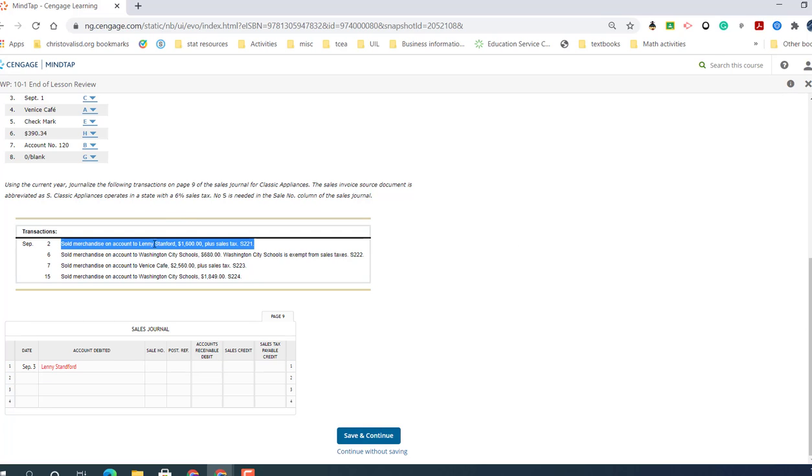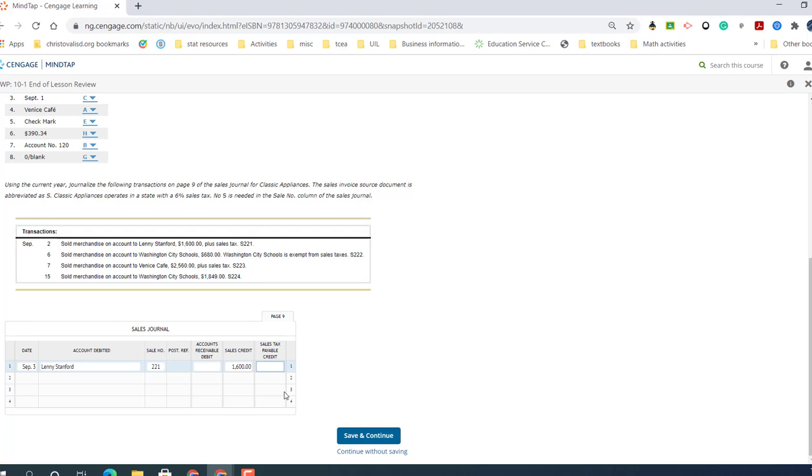I'm typing in funny on that, so let me just copy it. The sales number is 221. We're going to leave the post reference blank right now. The accounts receivable debit is the total. It tells us the sales tax is 6%, so I'm going to fill that in last. I'm going to do the $1,600 in sales credit first.